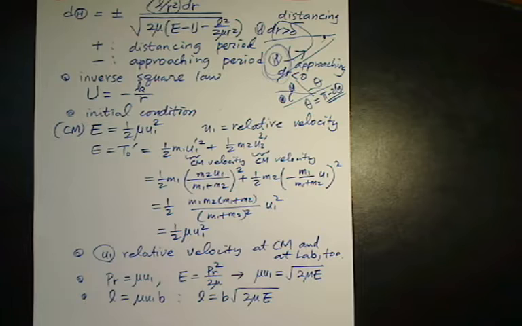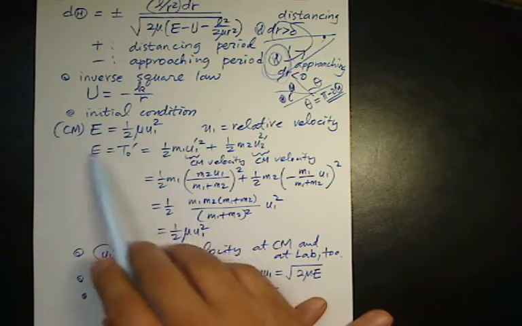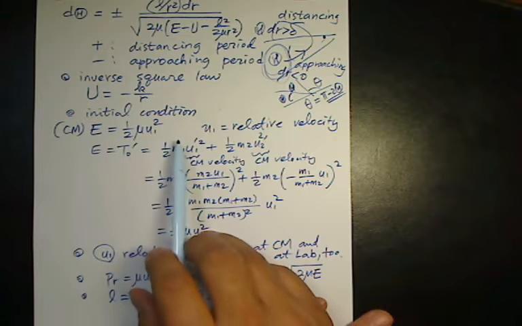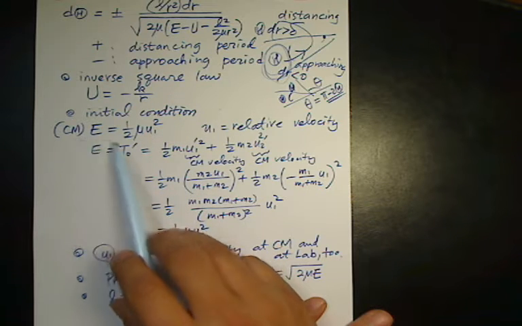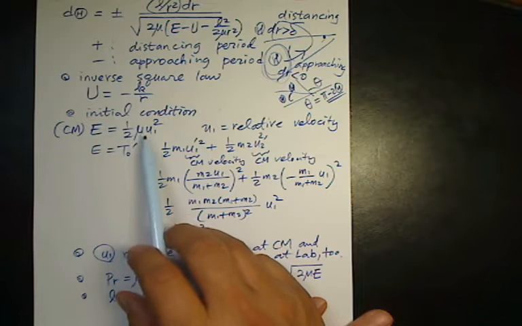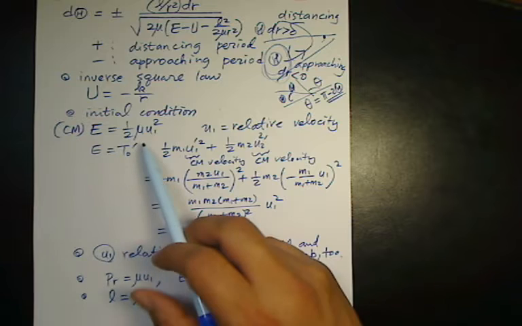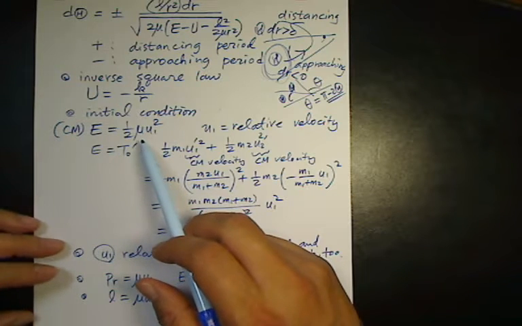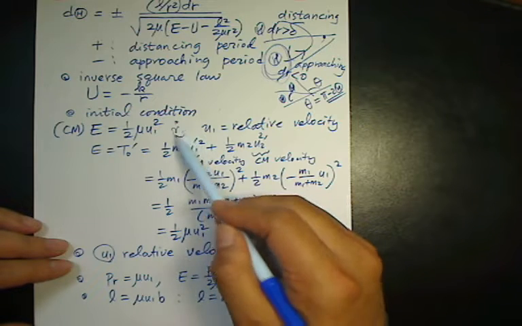Initial condition. This is at the CM frame. The total mechanical energy is just the energy of the relative motion, because the one-half mass is a reduced mass. A two-body system is always described by the reduced mass at the center of mass frame, and the relative momentum. This is R dot, right?